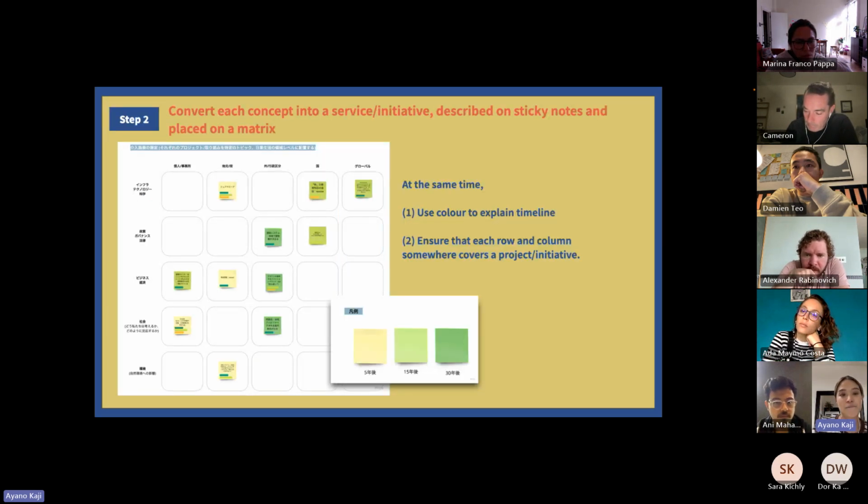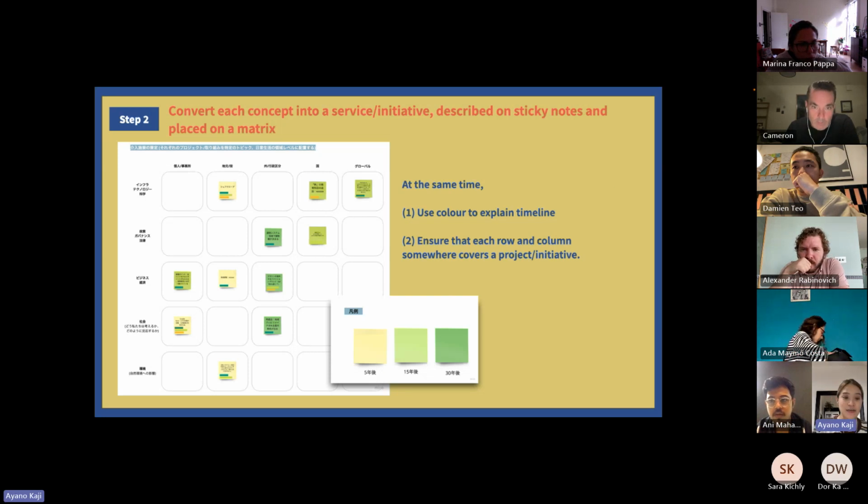Then step 2: convert each concept into a service or initiative, describe it on a sticky note, and place it on a matrix. At the same time, I asked participants to change colors depending on the timeline and place at least one service or initiative in each row and column.